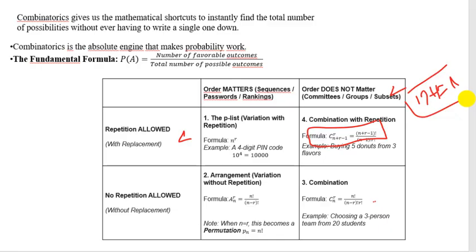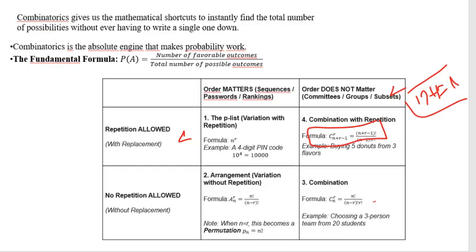A good example for this is buying 4 donuts from 3 flavors. Here the order doesn't matter. If you take strawberry first, or blackberry second, or start with blackberry, it doesn't matter at all.